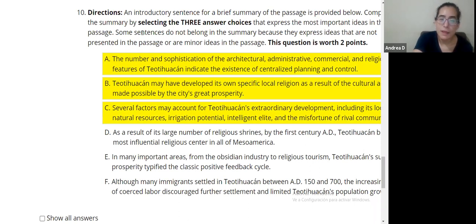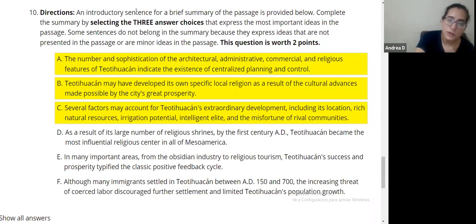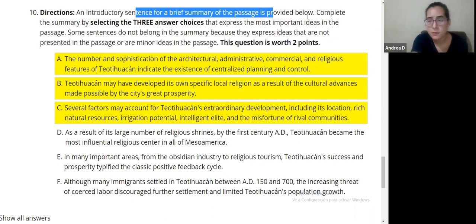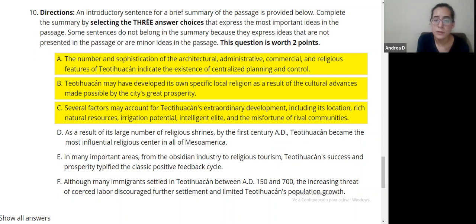Okay, so the question is: an introductory sentence for a brief summary of the passage is provided below. Complete the summary by selecting the 3 answer choices that express the most important ideas in the passage. Some sentences do not belong in the summary because they express ideas that are not presented in the passage or are minor ideas in the passage.